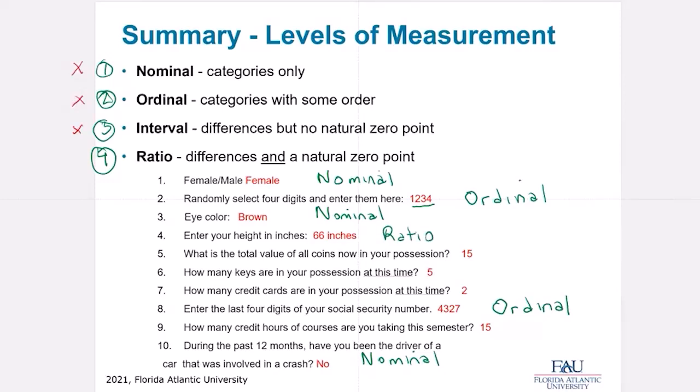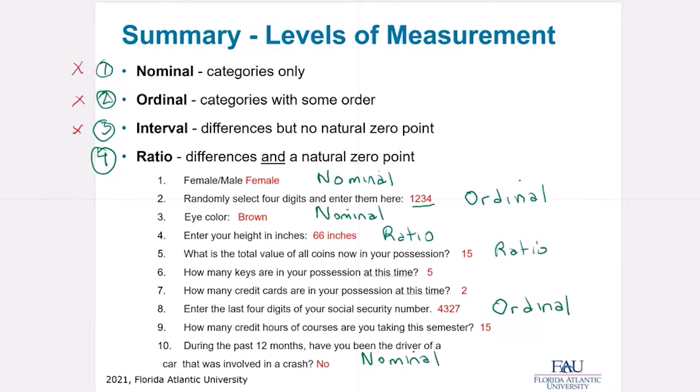Let's say I have $15 worth of coins and you have $5. I can subtract them and we have $10 difference. I could put 15 over 5 and I have 3 times as much money. There is a natural 0 starting point. I could have no coins, which means I have no money. This is ratio.